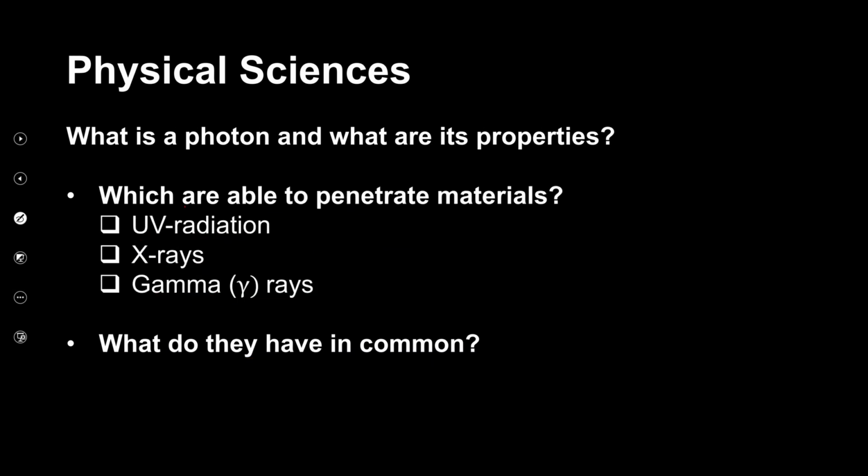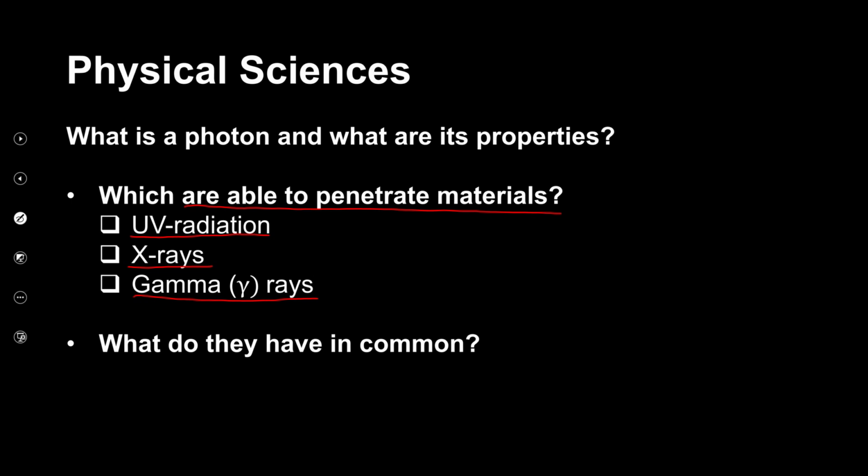Now we need to ask which photons are able to penetrate materials, i.e. which are able to behave more like a particle. The photons of UV radiation, like that produced by the sun, X-rays, like those used by medical doctors to look inside us, and gamma rays, those very dangerous ones that are also used in medicine, are all able to penetrate materials.